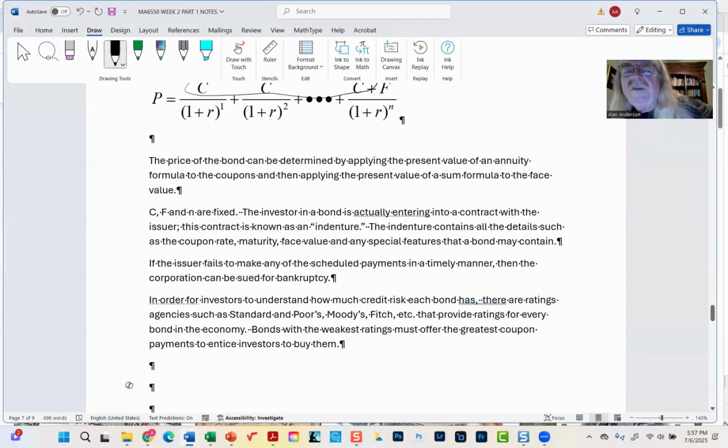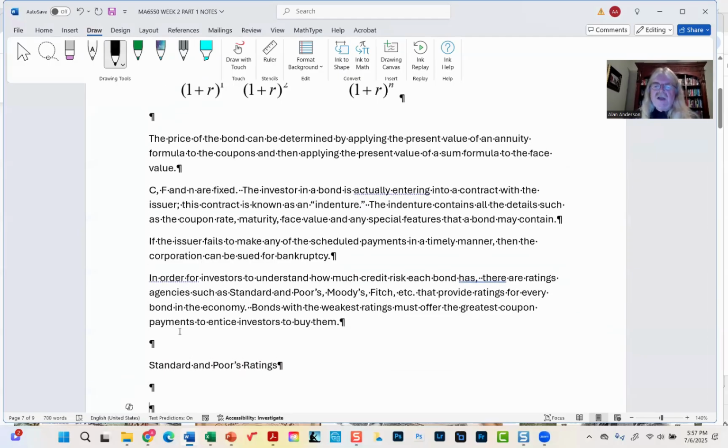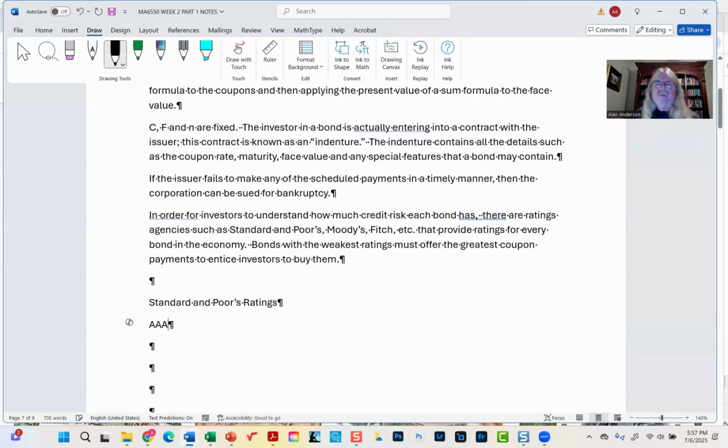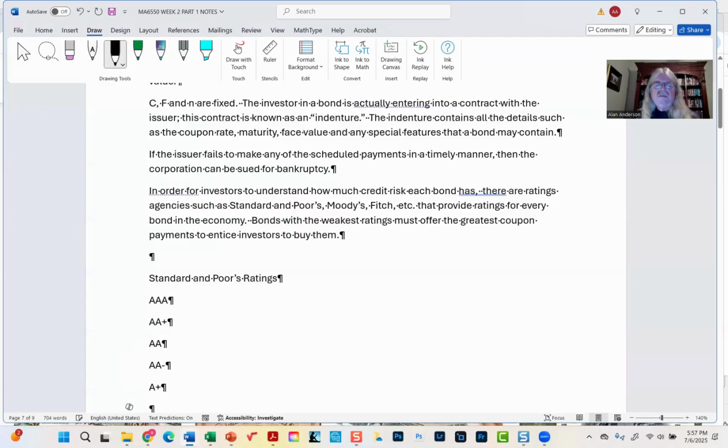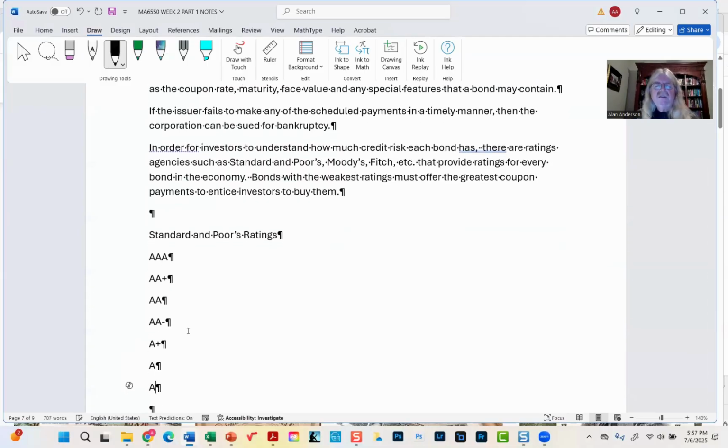By the way, I just want to mention quickly how these ratings work. Standard & Poor's ratings look like this. You're at the very top of the pyramid here, you've got AAA, AA plus, then AA minus, A plus, A minus.